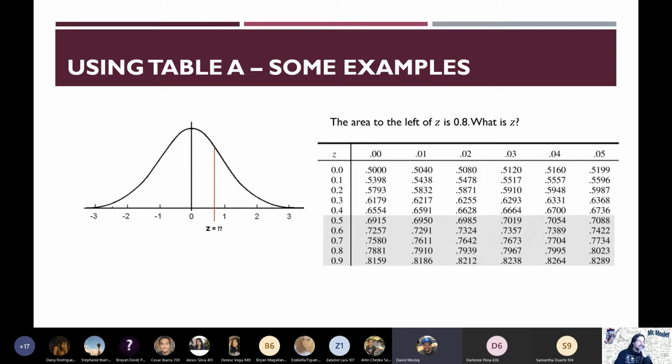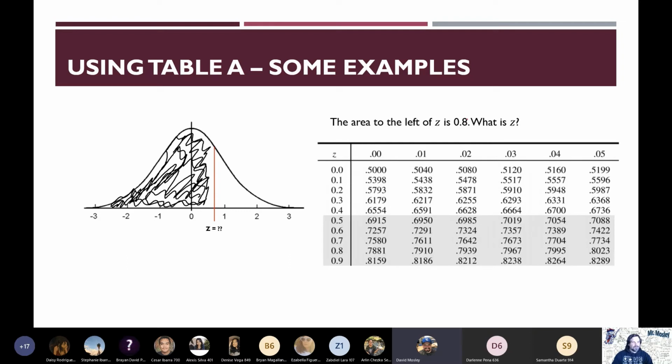So that's my proportion here. All right. So we have to work backwards to find z. We're going to have to kind of construct z out of the information we know.